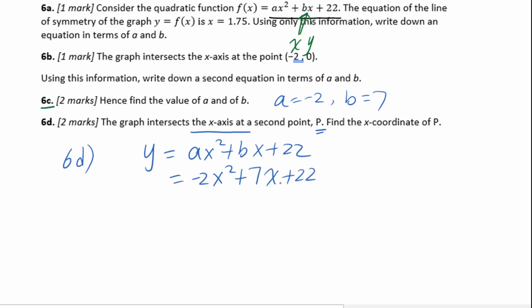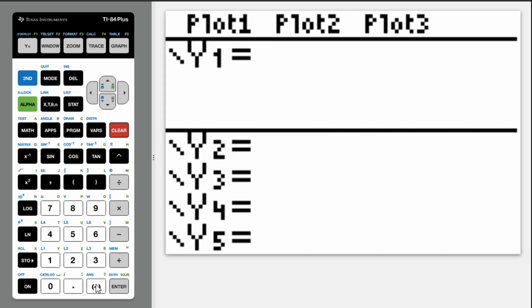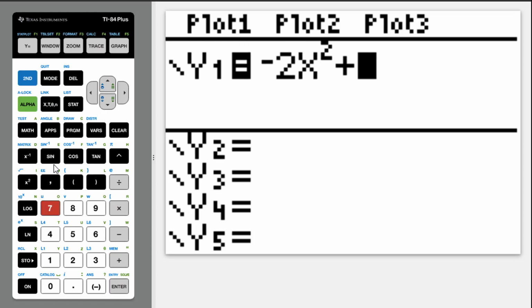Then we will go to the calculator to figure out the x-coordinate of P. We already know negative 2, 0 is one of the x-intercepts. We need to figure out the other one. So go to the calculator. That is negative 2x squared plus 7x plus 22.